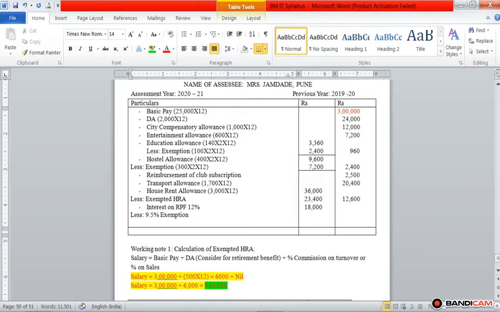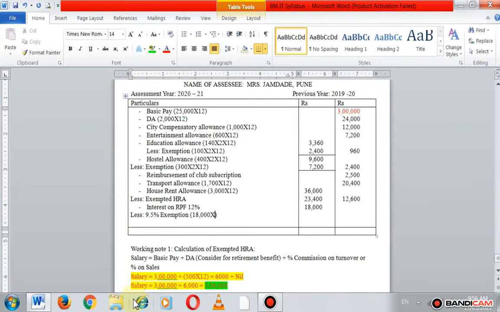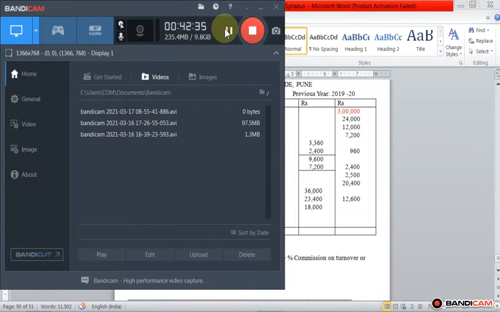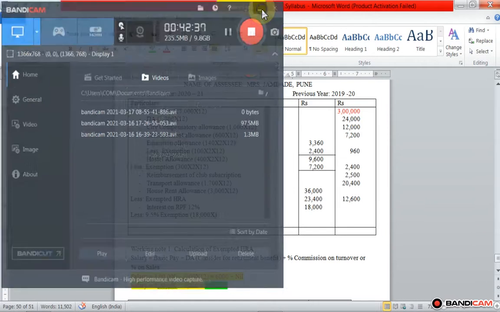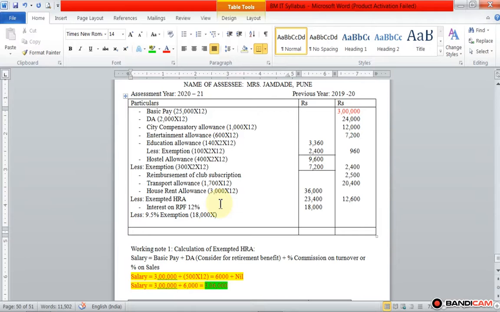So we compute 9.5%, that is 18,000 multiplied by 9.5 divided by 12.